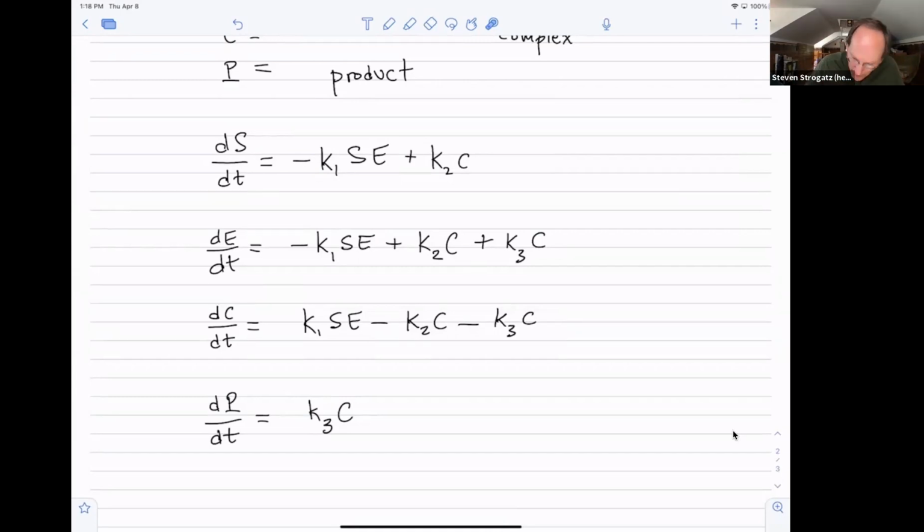For one thing, you might, if you're alert, see that these 2 equations are the same, except one is the negative of the other. All right, look at them. They're the same equation on the right-hand side, same terms. And so what this tells us instantly is, well, I mean, dE/dt is the negative of dC/dt.